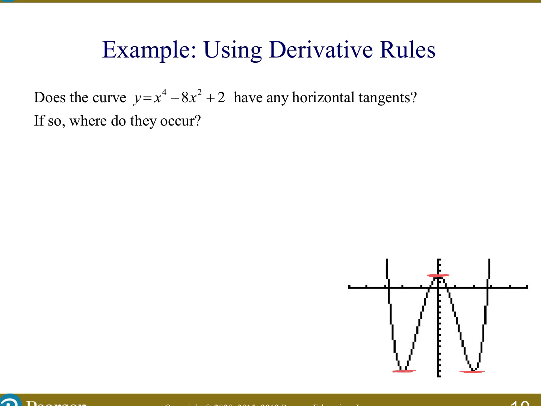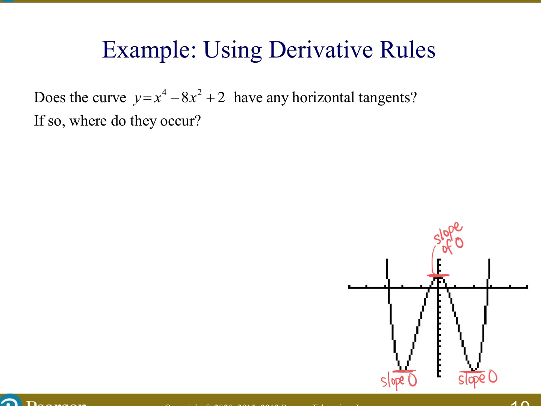Well, a horizontal tangent means that it has a certain slope value right there at that minute. And the slope value is 0. And in fact, it has the slope value 0 three times. I'm not plugging 0 in.